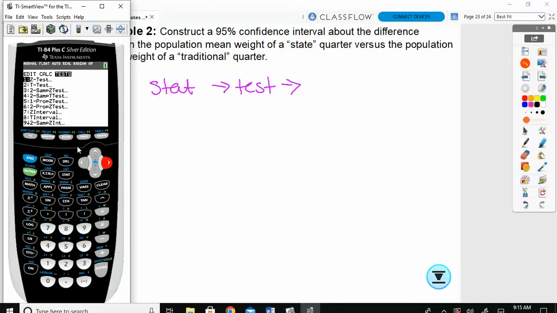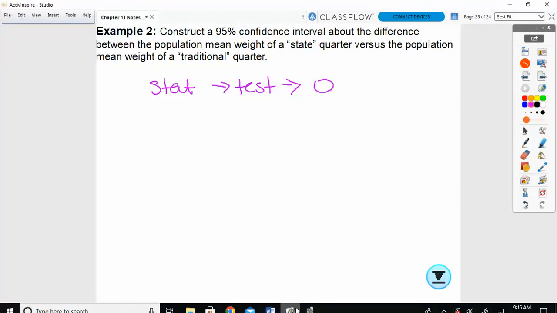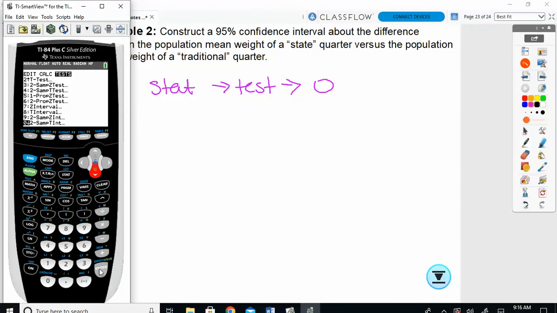We want an interval, so we're used to just going to number 8, t-interval. But this is different because I have two different samples. So if we keep going down, 0 is a two-sample t-interval. So we're going to go to Stat, Tests, 0.